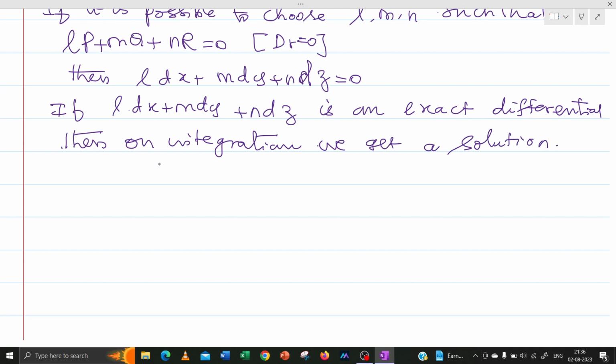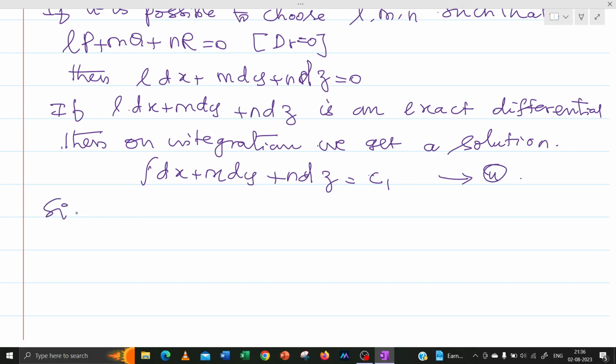Integrating this, we get the integral of l dx + m dy + n dz equal to some constant c1. You can take this as equation number 4.